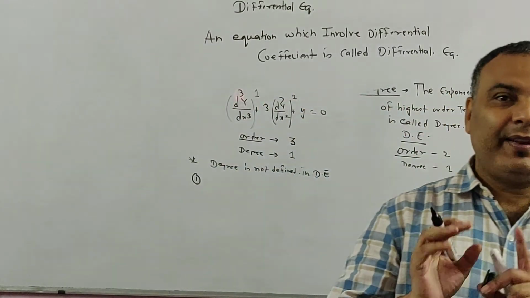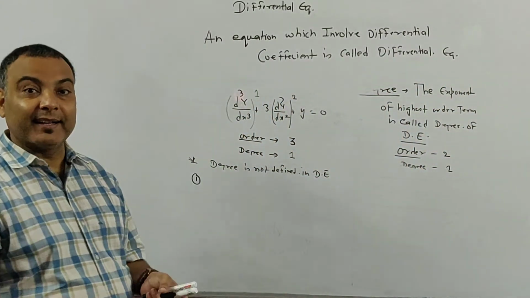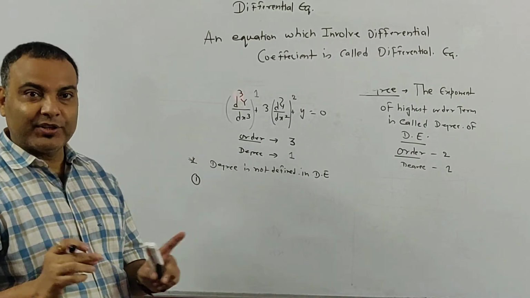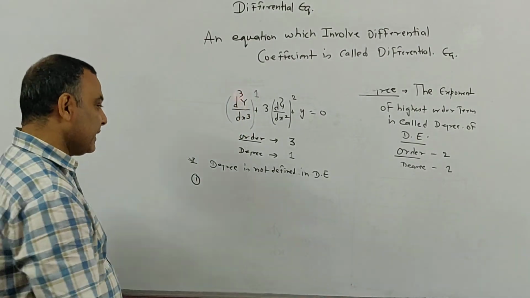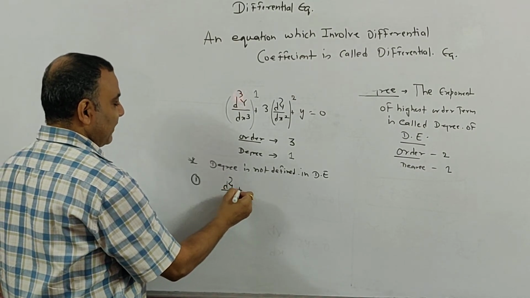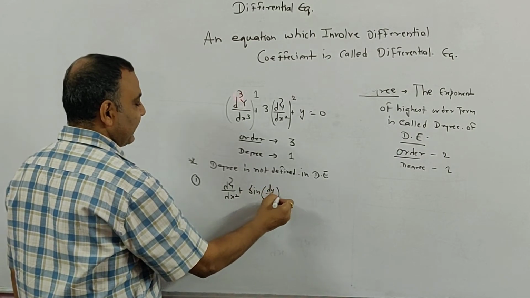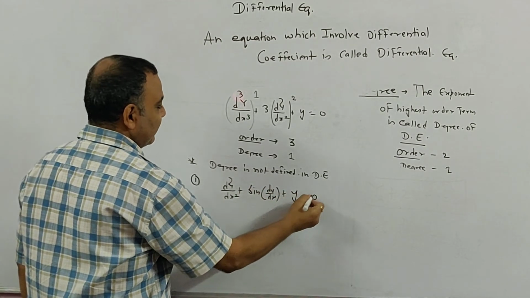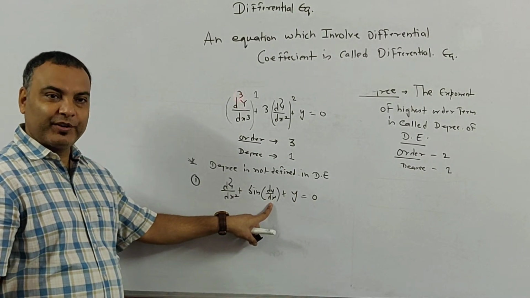When a differential coefficient is present inside an angle, then in that differential equation, degree is not defined. That means, suppose I am writing d square y over dx square plus sine of (dy over dx plus y) is equal to 0. So here, in the angular term, a differential coefficient is there.